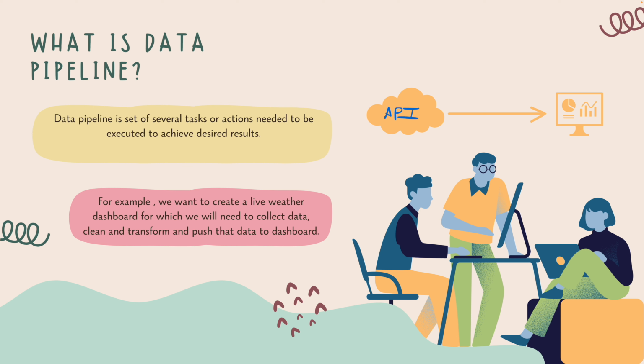So to do that, if you want to show real-time weather data on a dashboard and this should be live, what you will do, your first step or your first task will be collecting the data and cleaning and transforming it in such a way that it is transformed into meaningful information and can be shown in the dashboard. So these set of particular tasks actually are constructing a data pipeline, right?